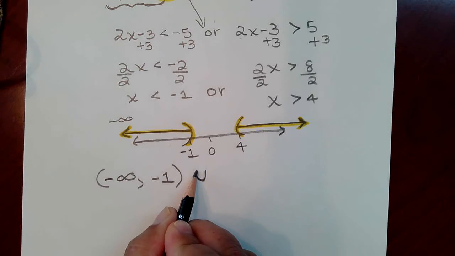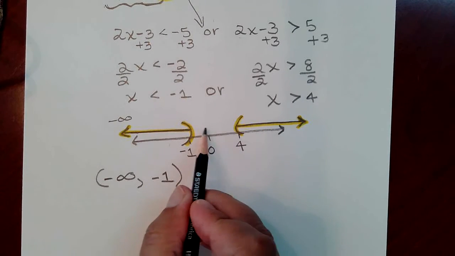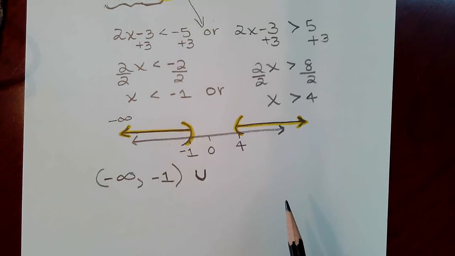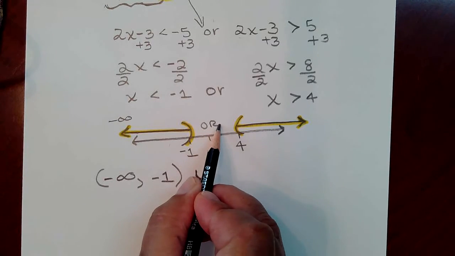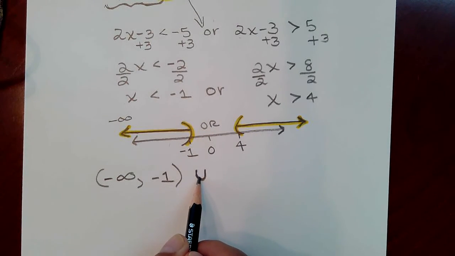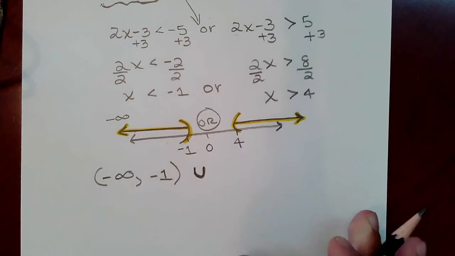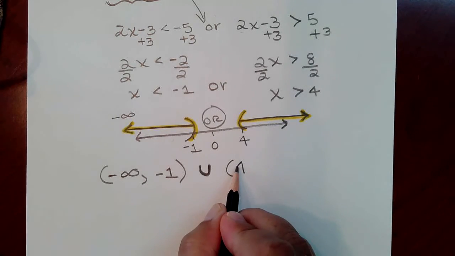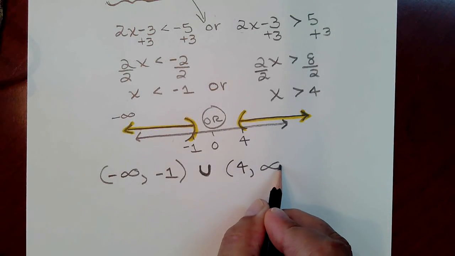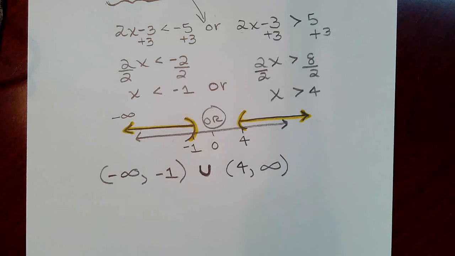Or we say or, and whenever there's a gap in between your two solution intervals, we read that out loud using the word or, but mathematically, the union symbol stands for the word or. Anything from 4 to infinity satisfies the original inequality. And that is your final solution.